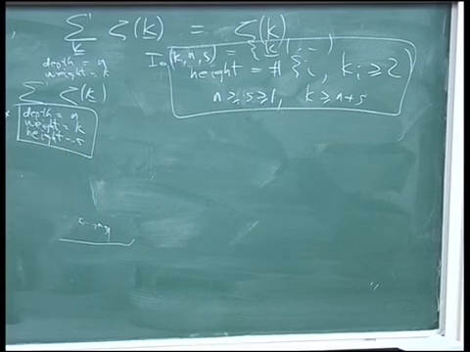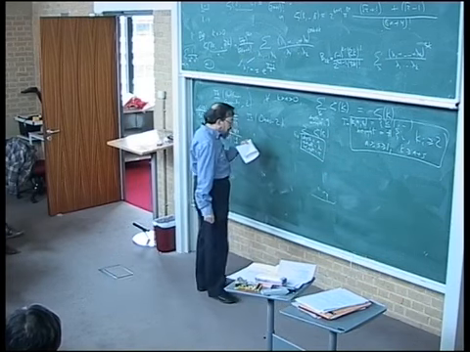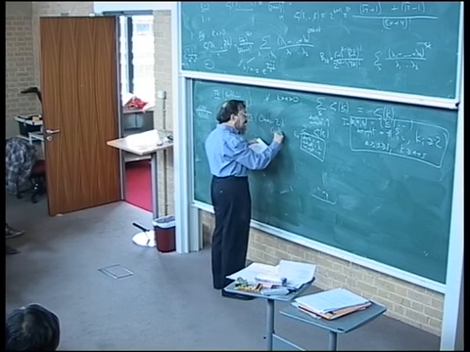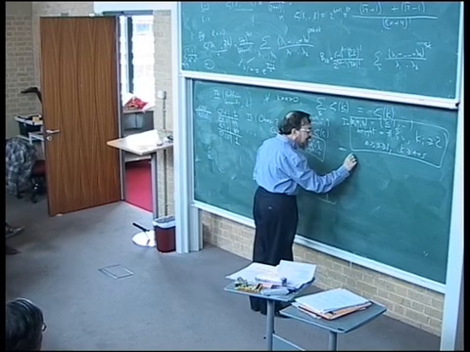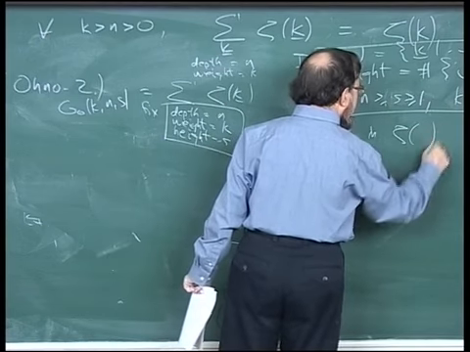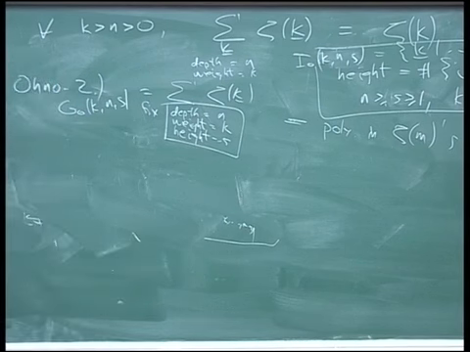The sum of the ki's is k, and the number of ki's which are not 1 is s. So the number which is 1 is, I guess, n minus s. And then you define g0 of k and s to be the sum. And the claim is that this is still a polynomial over Q in Riemann zetas. Okay, I'll write it like that, and then I'll give the complete formula in a second.